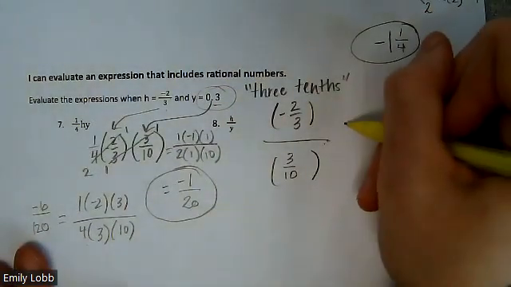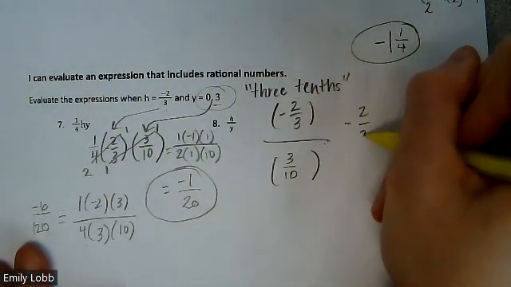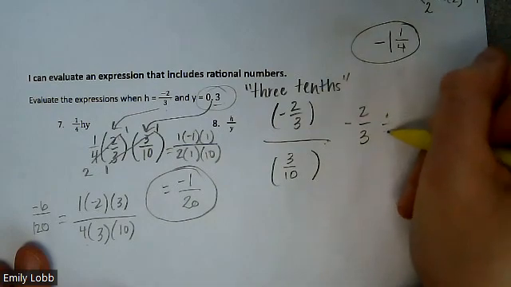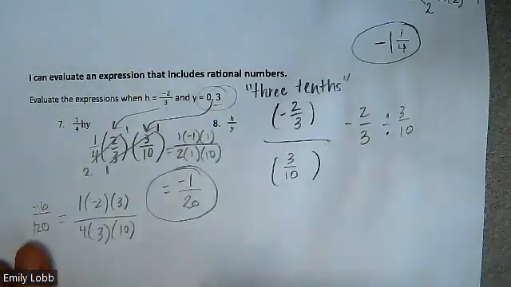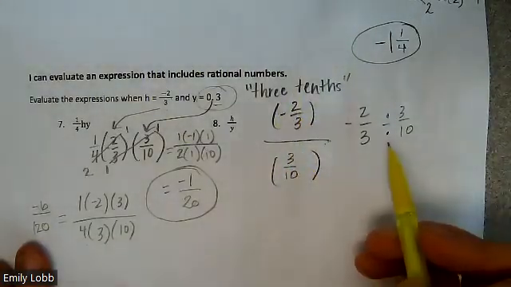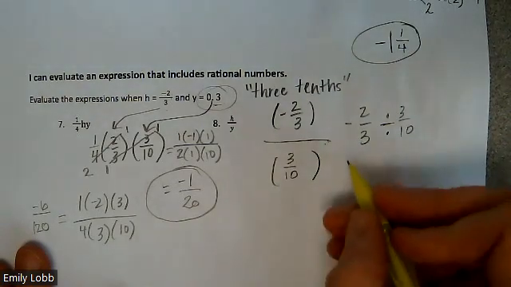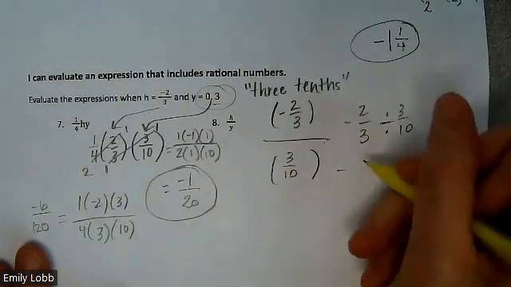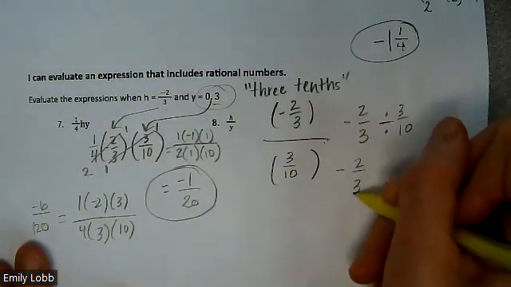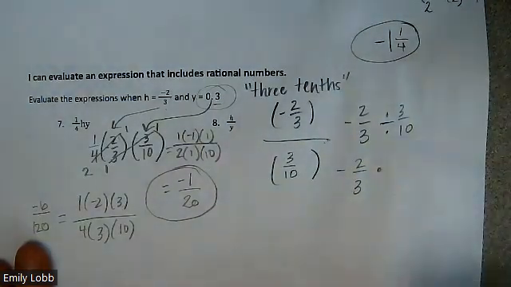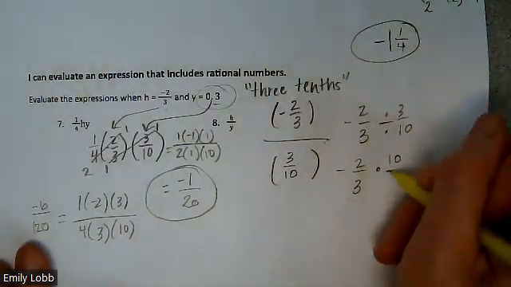Divide. So this is really negative 2/3 divided by 3/10. I read it from top to bottom and rewrite it horizontally. Now I have to keep the first, change to multiplication, and flip the second.